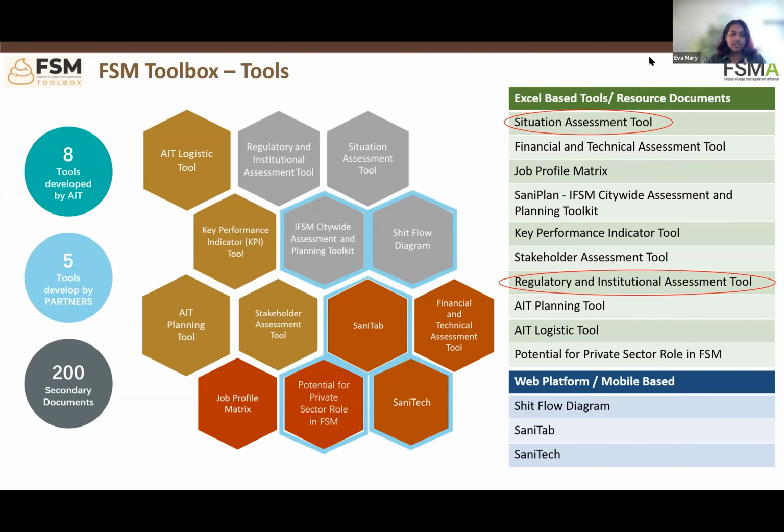Some of the examples would be on the policy environment, whether a certain policy is available and is appropriate and widely known. All of those are captured within a CSDA, and it's complementary to the SFD. And so both together will give you a thorough understanding of the current layout of the FSM structure.